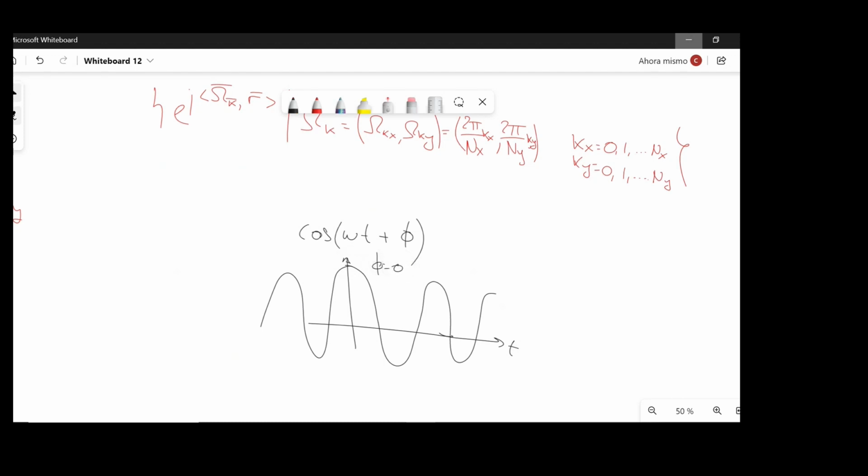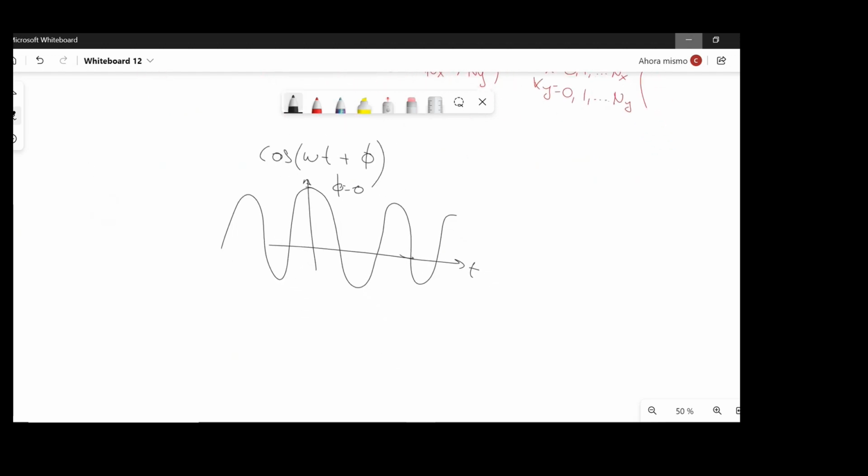Now let's say I make phi different from 0, I don't know, phi equal 5/6. Then it is delayed, so it will start a little bit later. This distance here is determined by phi. So when you change phi, what you're doing is shifting this around.